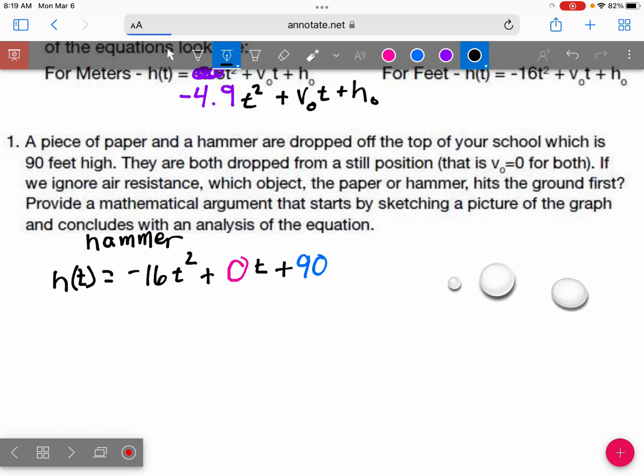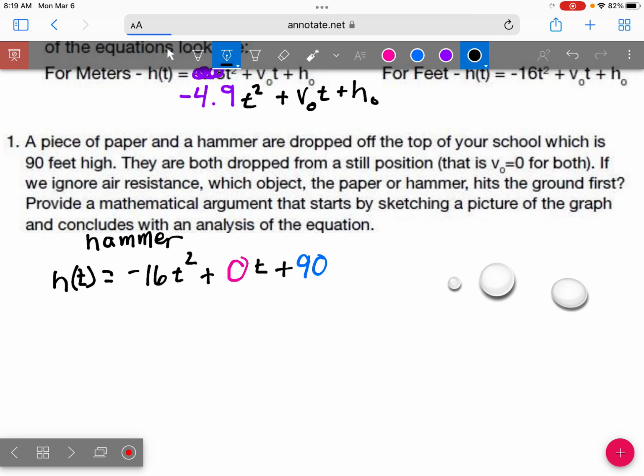We're going to do the same thing for that piece of paper. Again, I'm going to start with my equation. H of t equals negative 16t squared plus v naught t, my initial velocity.